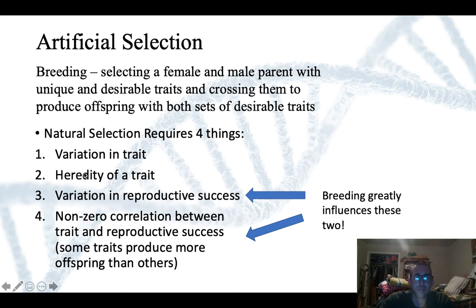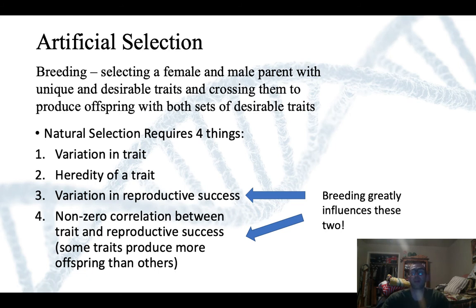But if we, again, are looking at natural selection, what is breeding doing? Well, we are greatly influencing reproductive success, right? And this correlation. So we are taking the organisms that have traits that we like, and we are crossing them, right?